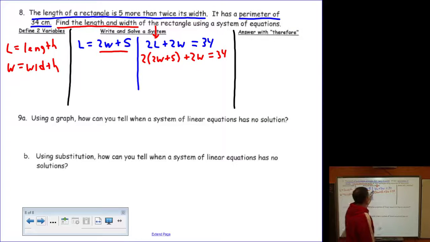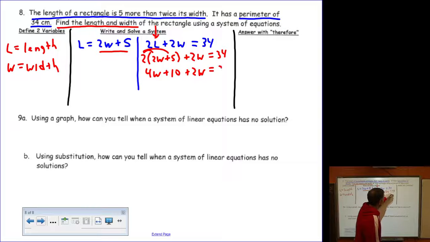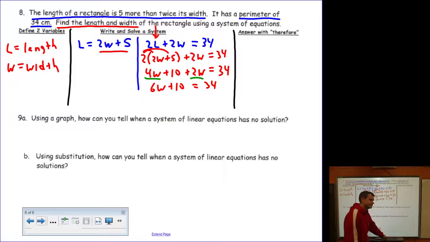We would start by distributing the 2 and getting 4W plus 10 plus 2W equals 34. Let's go ahead and combine our like terms here and get 6W plus 10 equals 34. I'm going to run out of space here, aren't I?